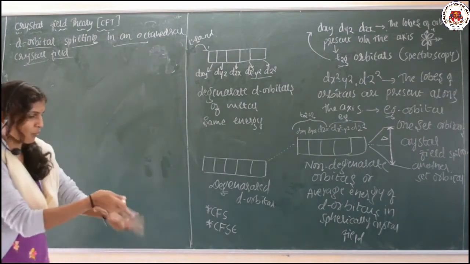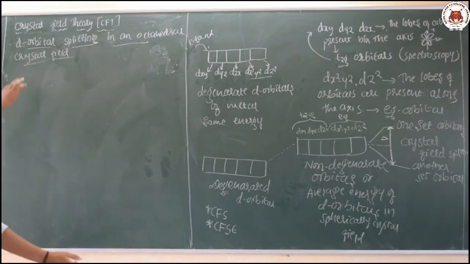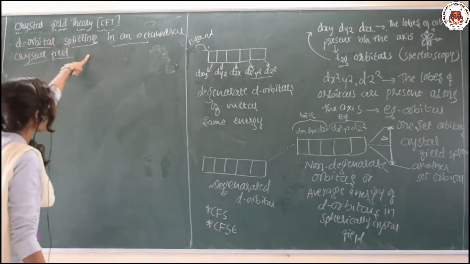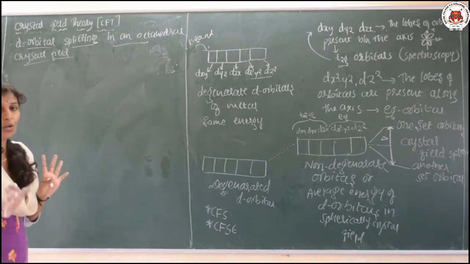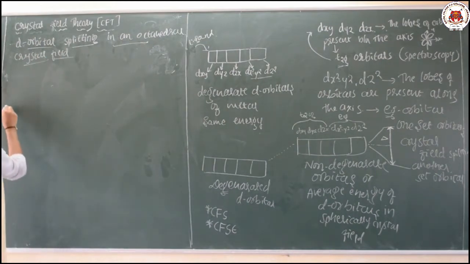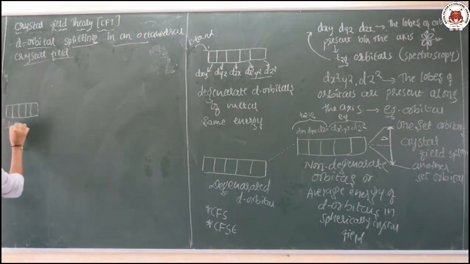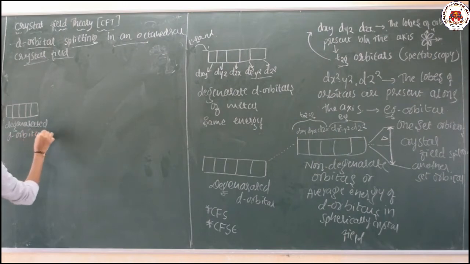So how does the d orbital splitting in an octahedral crystal field take place? See here, first these are the degenerate d orbitals of the metal.